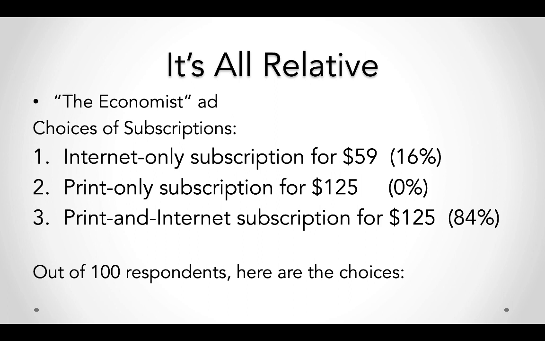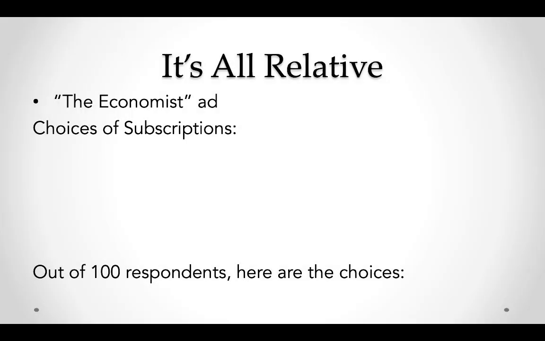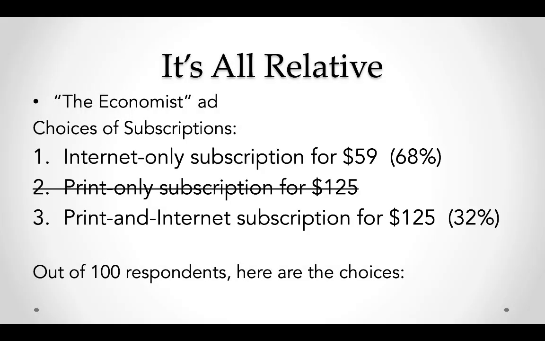All right, let's assume that we take out that choice number 2. If we take it out, we see something very interesting. The framing effect is in place here, and now the preferences of the subscribers have switched.